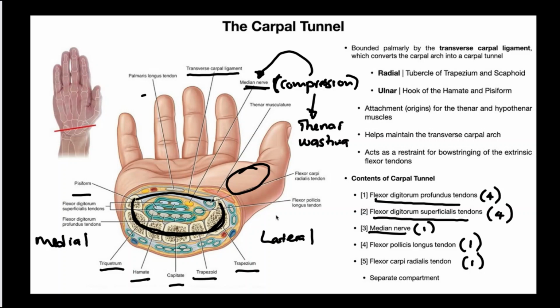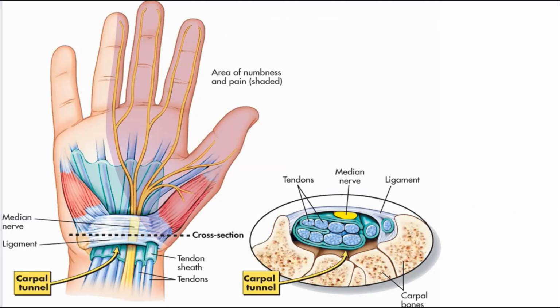You also start having pain in your hand, tingling sensations, and weakness. So that is very important for you to know the carpal tunnel. Extremely important for you to know the carpal tunnel. So these are the extra diagrams that I have added for you.